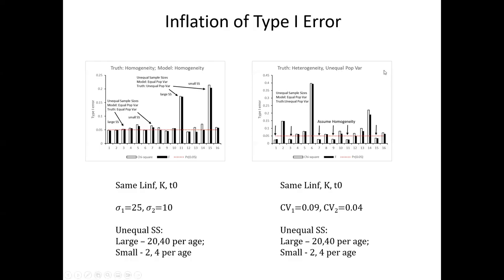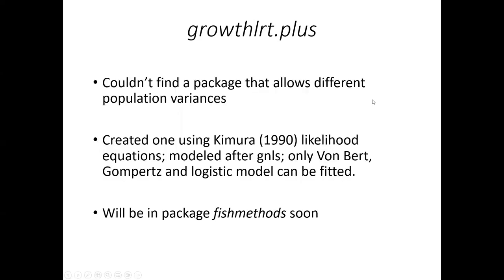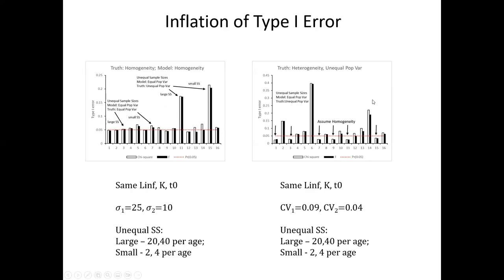On the right graph, very similar. If the truth is heterogeneity, but you're not correcting for that, you still get these inflations in type 1 error.